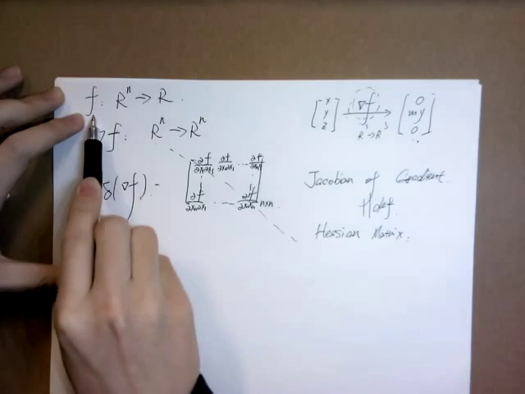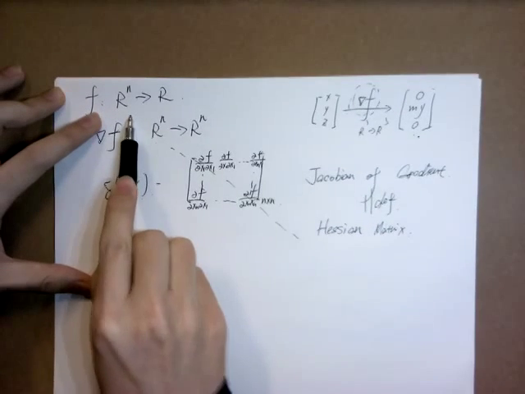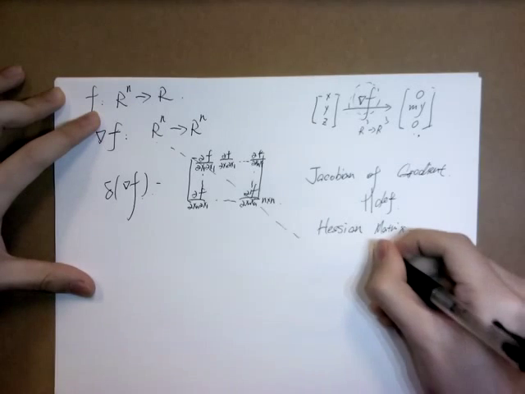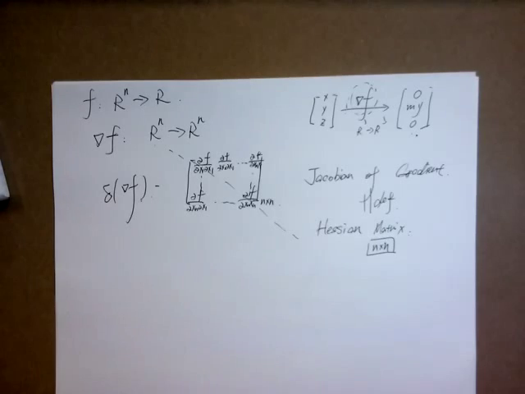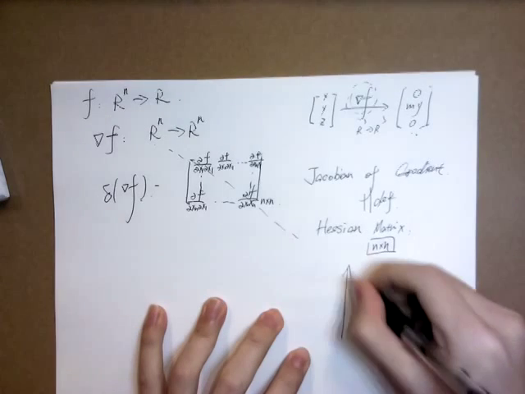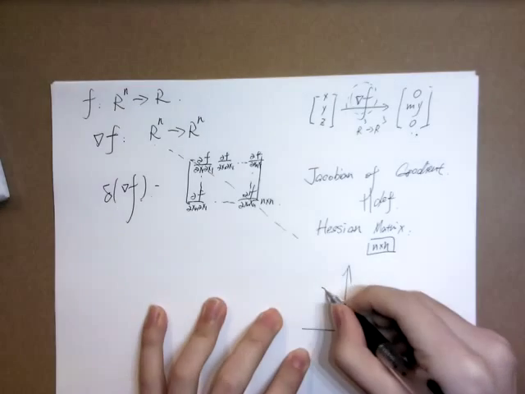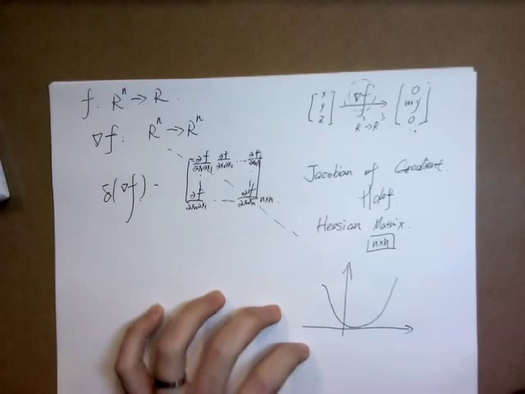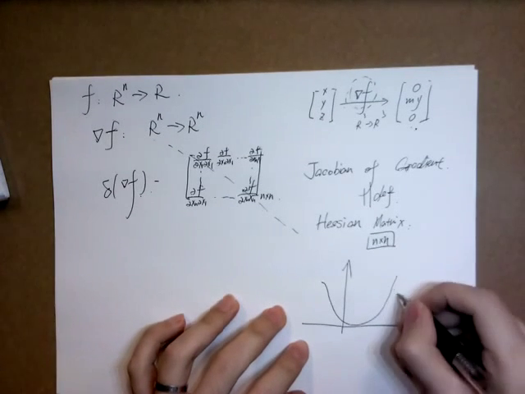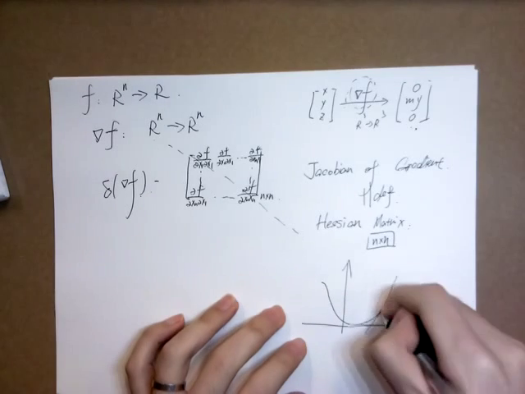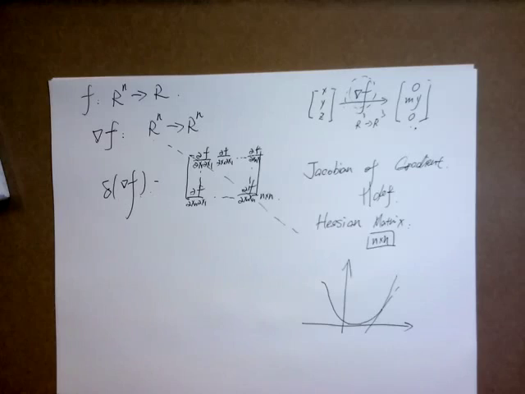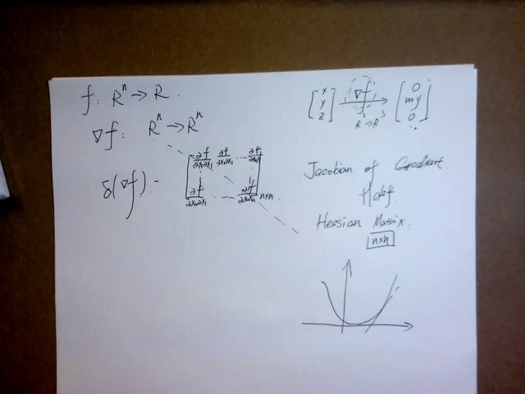If f is a map from Rn to R, the Hessian matrix will be an n by n matrix. This is pretty much like the second order derivative of a function in 1D. If I have a function in 1D, the gradient is the slope direction, and the Hessian tells you whether the function is bending towards the negative y-axis or towards the positive y-axis.